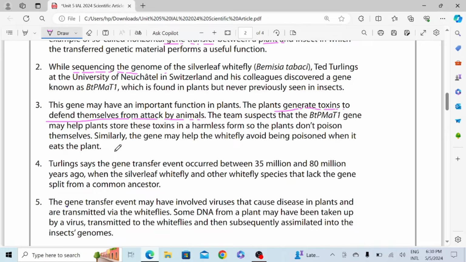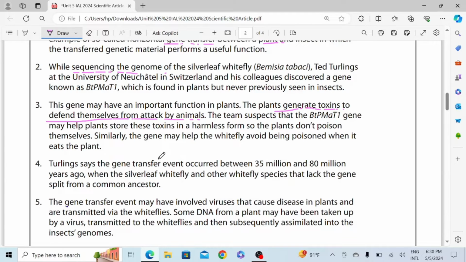Alright, so right after reading this paragraph, some questions that I think you should prepare for: number one, how do the toxins the plant is generating help them defend themselves against animals? Make sure you know how the toxins could attack animals and save the plants from being eaten.